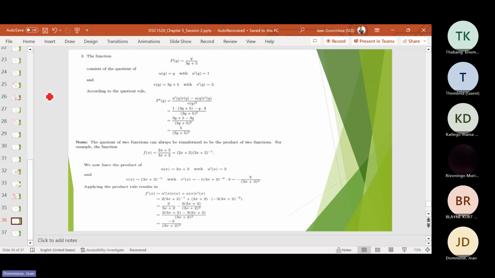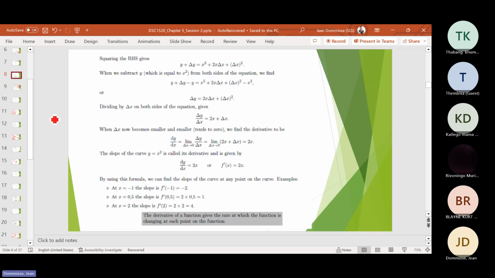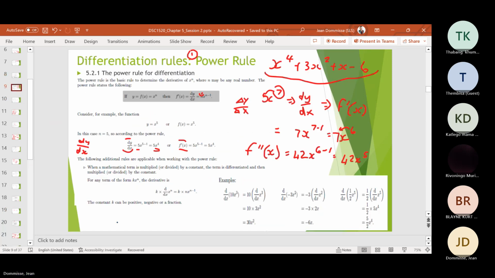So basically, I just want to quickly run through this again. The first rule is your power rule, and that's the simplest one that you're going to work with.